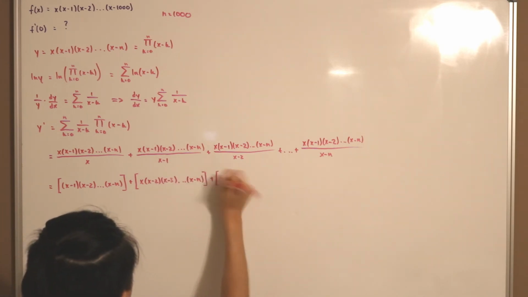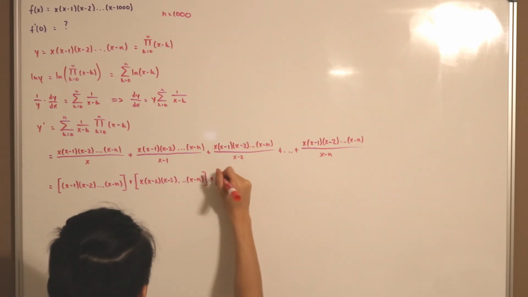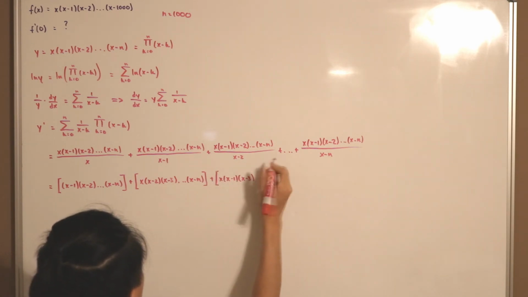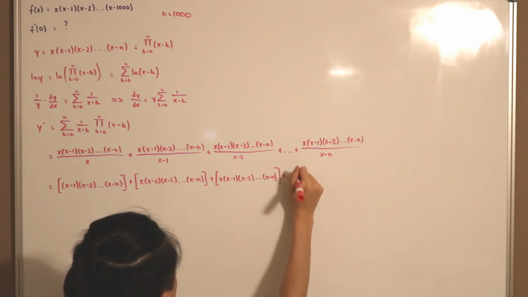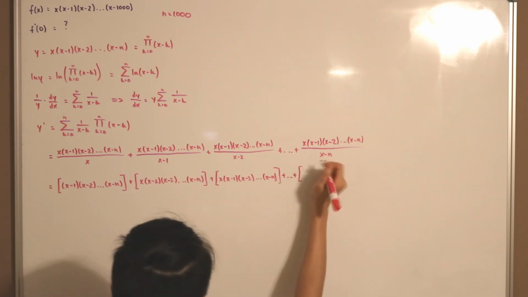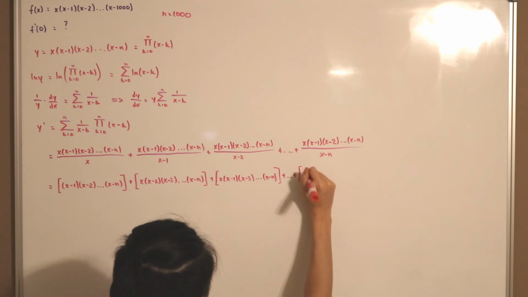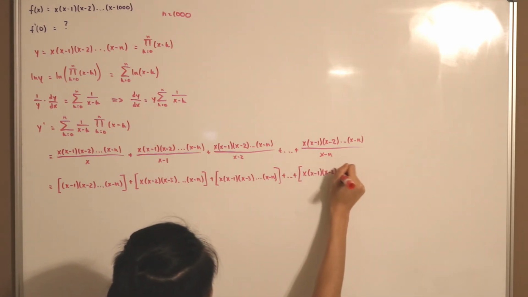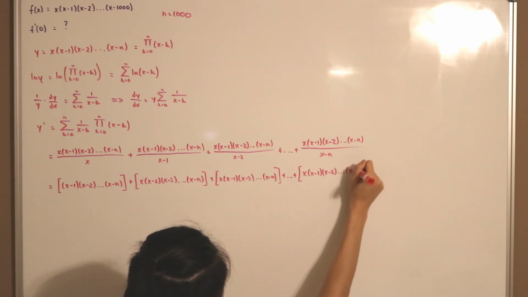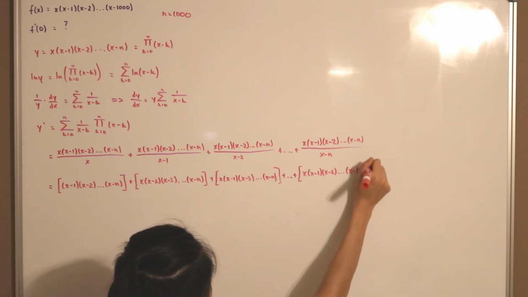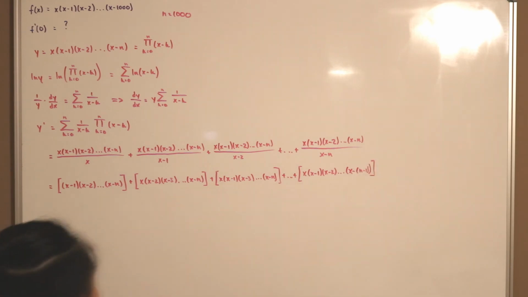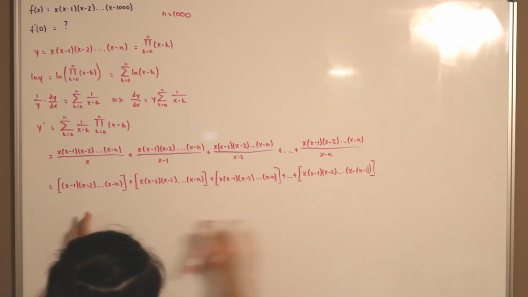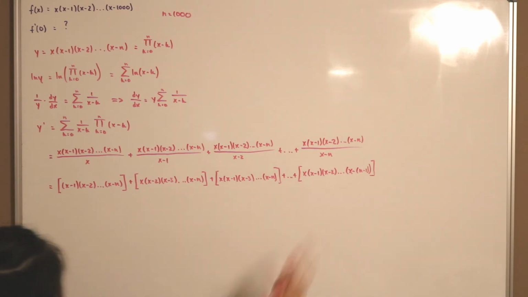Then the x minus 2 cancels from top and bottom, so x minus 1, x minus 3, and then plus, and then the x minus n cancels out. So this means x times x minus 1, x minus 2, up to x minus n minus 1, is the preceding term. Okay, so now that we have that, so far y prime is equal to this expression, our summation.